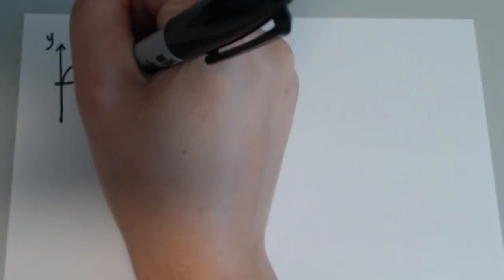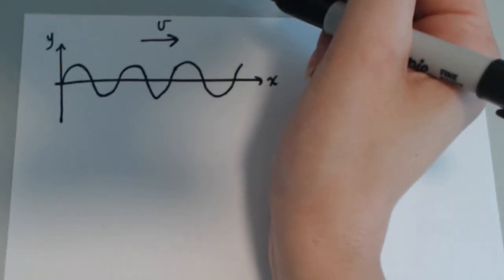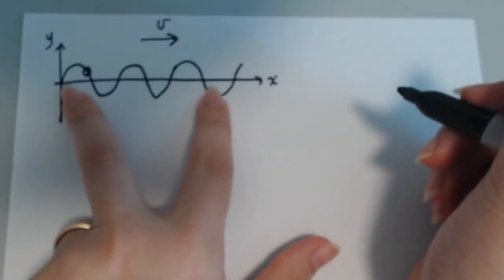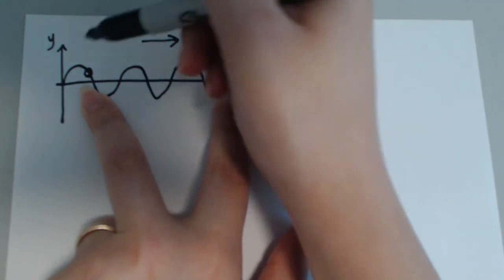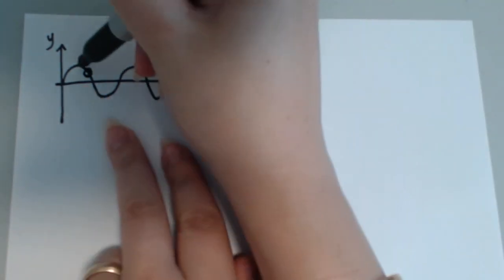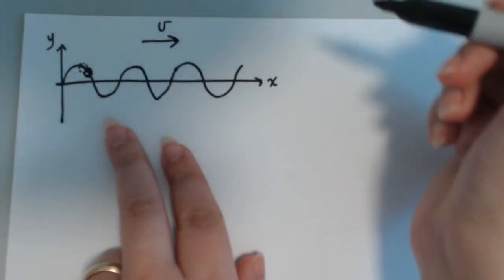Let's pick this point right here. If this wave is moving from left to right, what does that point want to do? Imagine this whole thing shifts to the right a little bit. Where will that point be? It's going to be right here at a later point in time.